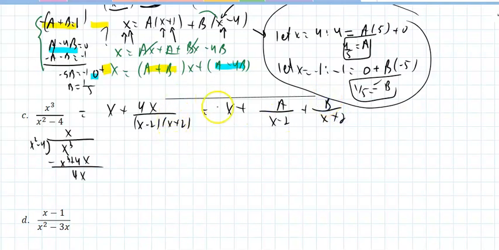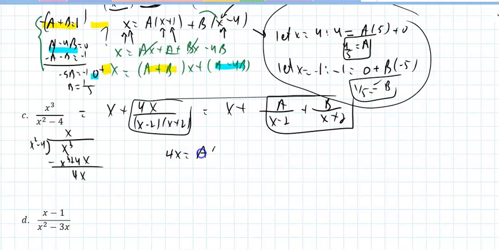So I want to figure out, I'm ignoring the x, I'm taking this and figuring this out. If I clear the fractions, I'm looking at 4x equaling a into x plus 2 plus b into x minus 2. And our trick, what's the domain?